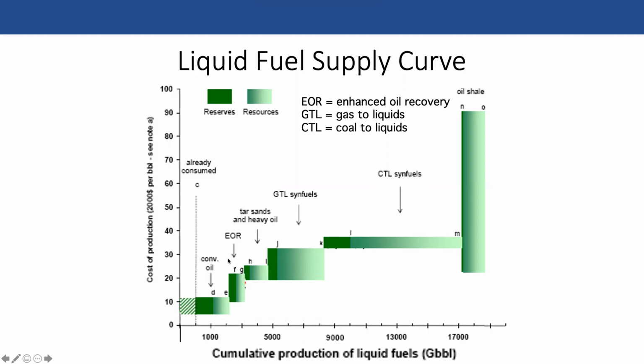The reason why this isn't a flat line is because you actually have some variation in how much it costs to extract that actual resource. So it can range anywhere from $5 to $12 per barrel for conventional oil, but it could cost twice that much for something like enhanced oil recovery.